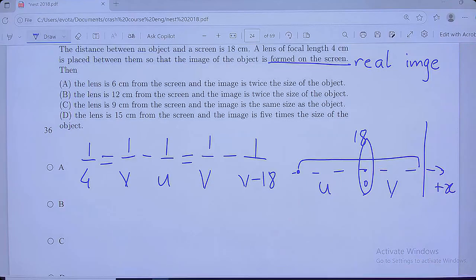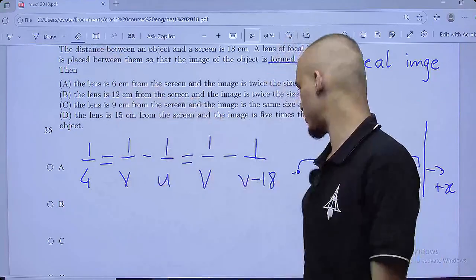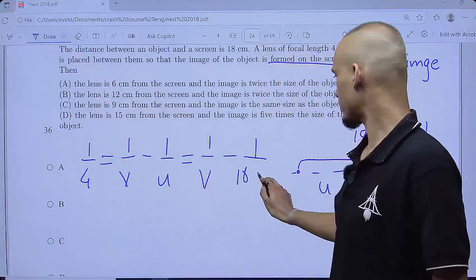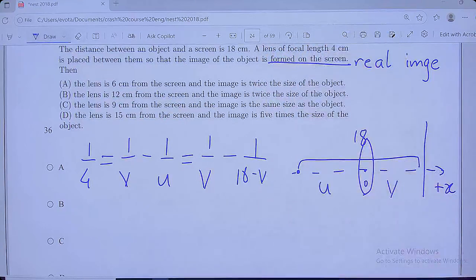It's clear or not? Tell me quickly. That's it. We can get the value of v from here. V minus 18 minus of v plus 18. So this will be 18 minus v. We can get like this.